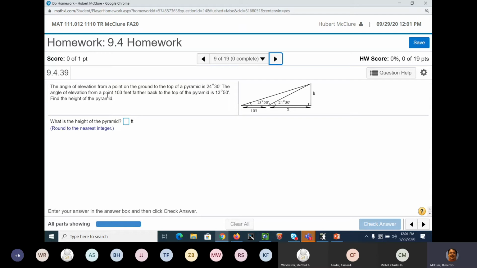The angle of elevation from the point 103 farther back to the top is 13.50. Find the height of the pyramid. I'm going to draw this on a piece of paper while y'all are drawing it. Yeah, I'd probably just quit.